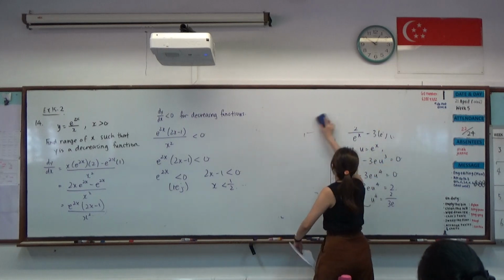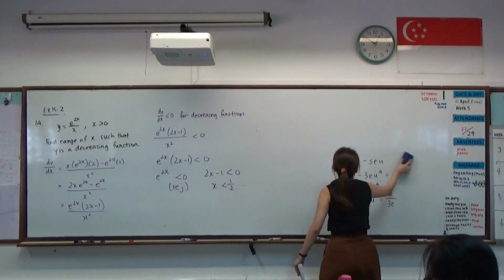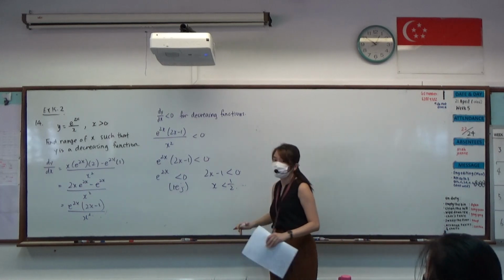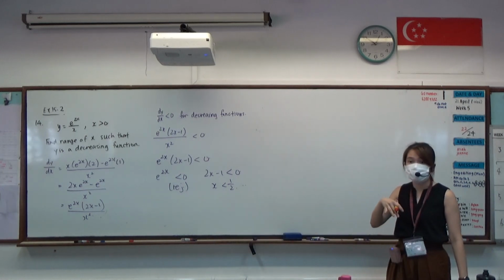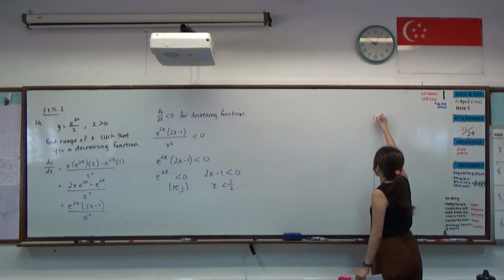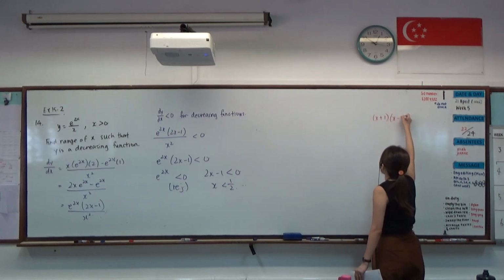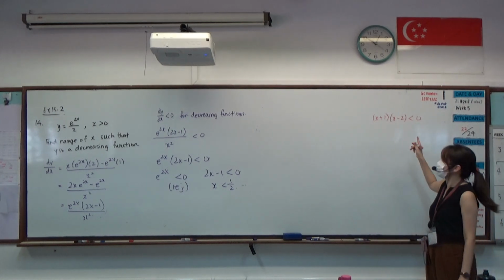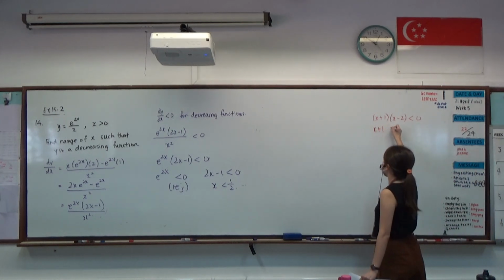Let me erase this first. The reason is that if we fall back on our quadratic solving, what we do when we have quadratic inequalities, we never actually say this.